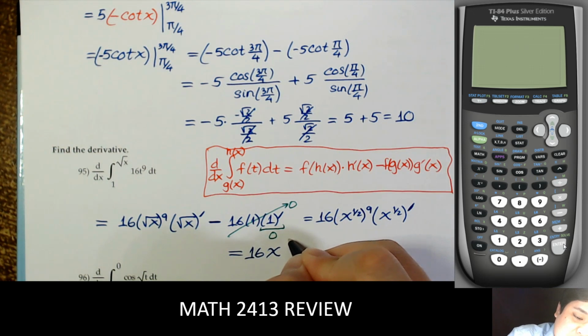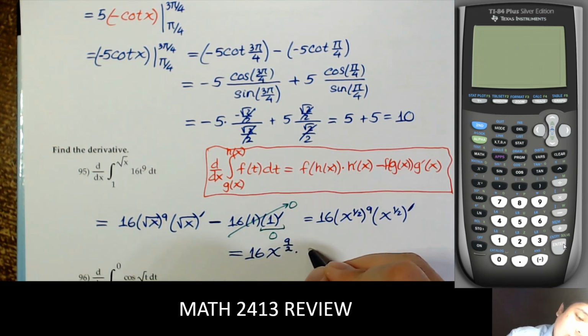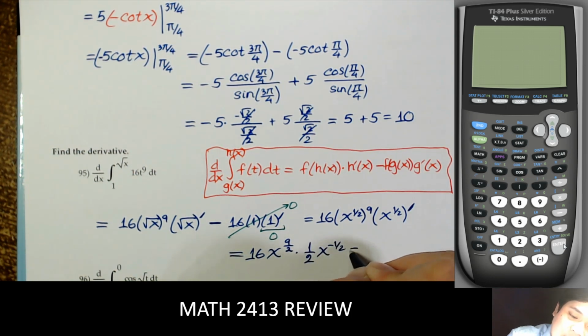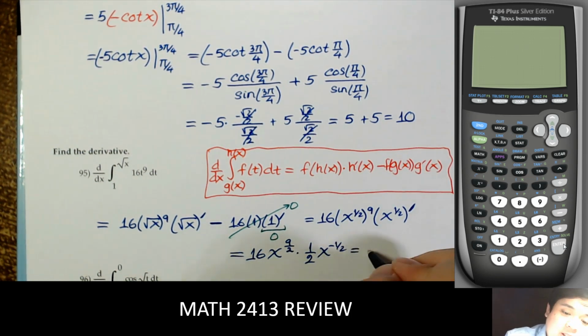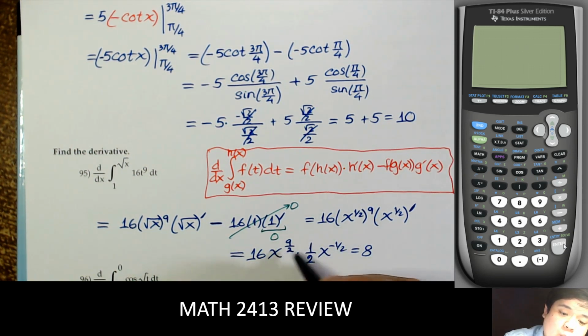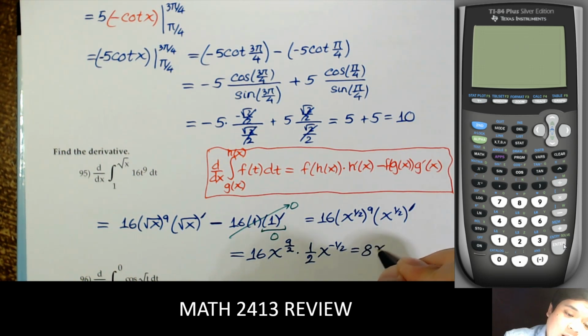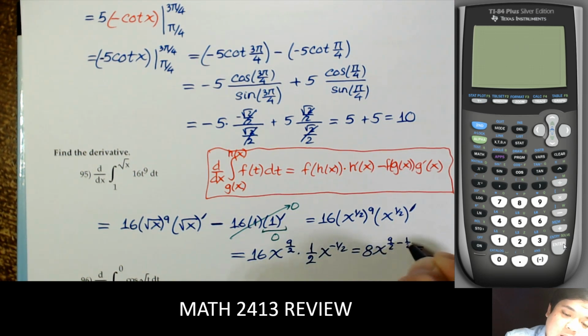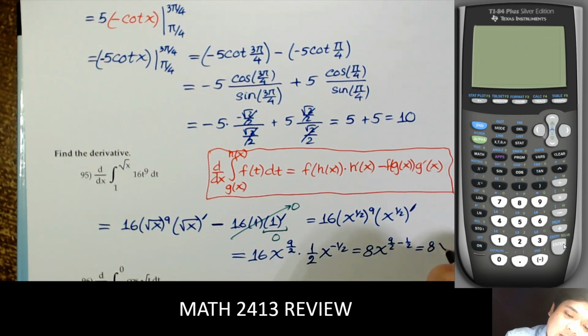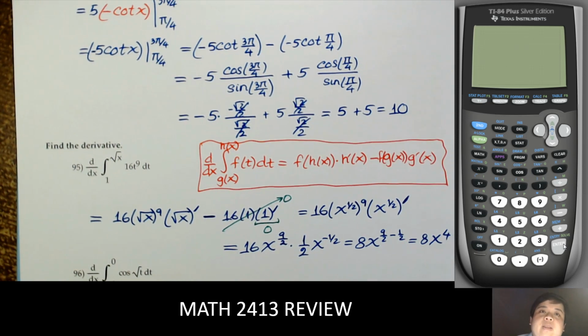So 1/2 times 9 is 9/2. The derivative of x to the 1/2 is 1/2 x to the minus 1/2. Now 16 and 1/2 give us an 8, and x to 9/2 and x to negative half. When we multiply them, we add the powers. So 9/2 minus 1/2, combine the powers, gives us 8x to the 4th power.